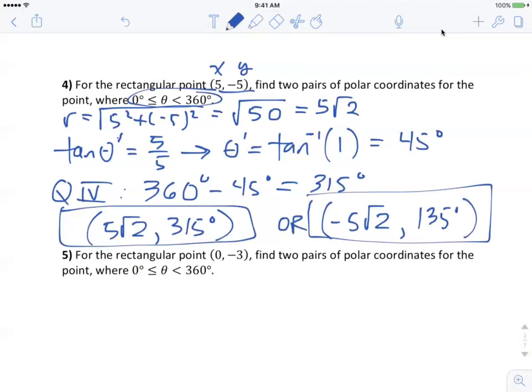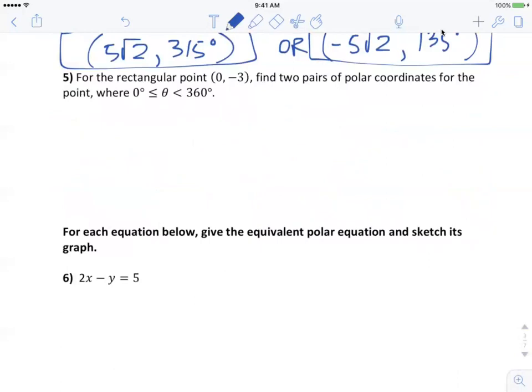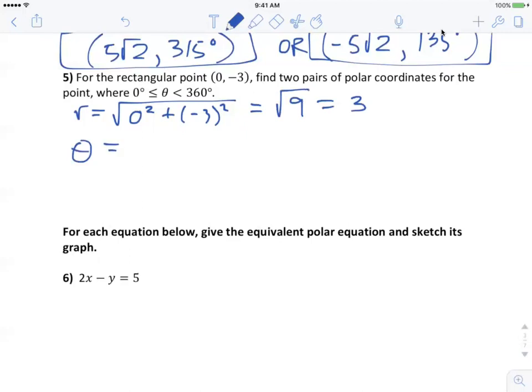Okay, let's keep on going here. For this point, let's start with my r. Calculate that out. That's going to be the square root of 9, which is 3. And then I can sort of just figure out what the angle is because I know where that point is, right? 0, -3 is here.